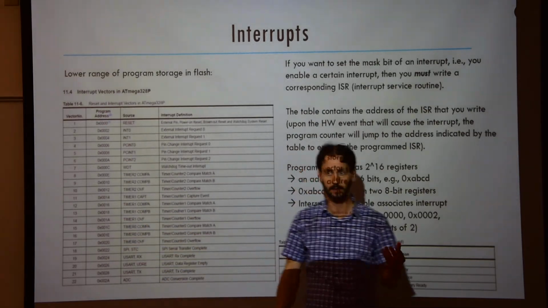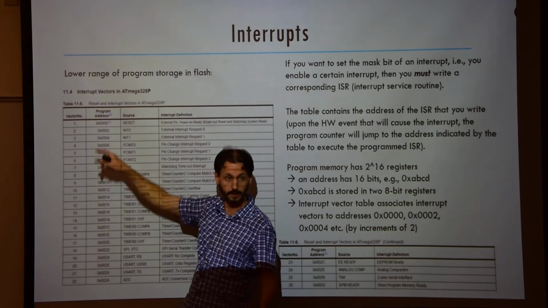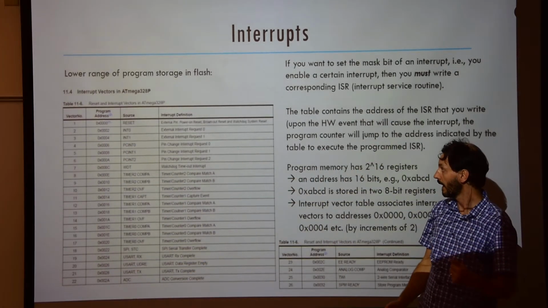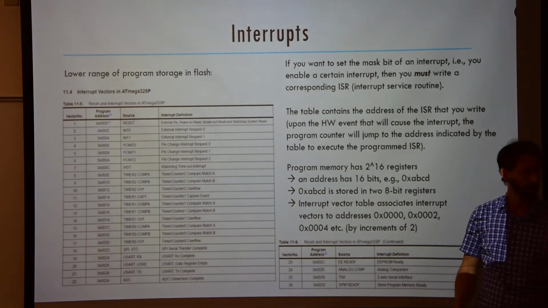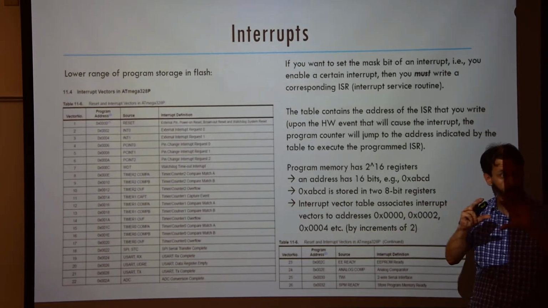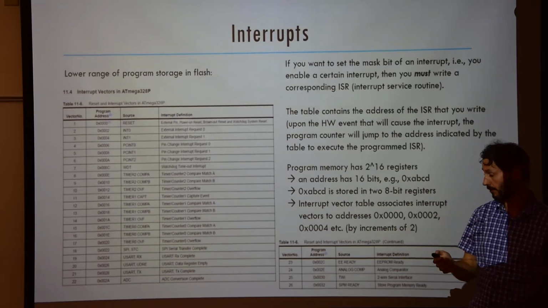What is stored there is a byte, and at address 0001 is a second byte. Together they form 16 bits, and that's the location of the interrupt service routine written by you to then execute.